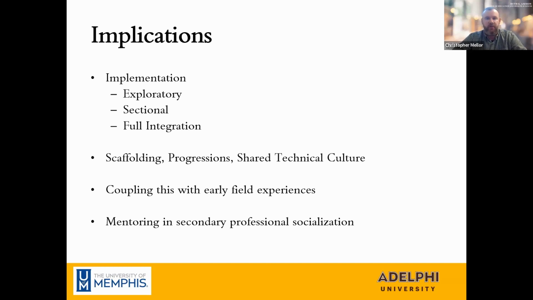The sectional approach, by which reordering some of your curriculum to happen earlier in their schooling so that there's more time to discuss the spectrum, is also a good approach. Where we saw it at its best is having scaffolding and progressions of the spectrums with the students, starting very small and then later integrating it more into early field experiences. But this was all completely dictated by the level to which the program had a shared technical culture, meaning all the professors within that program espouse the same pedagogy.